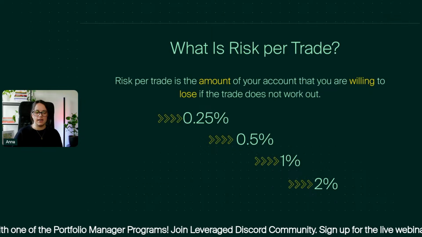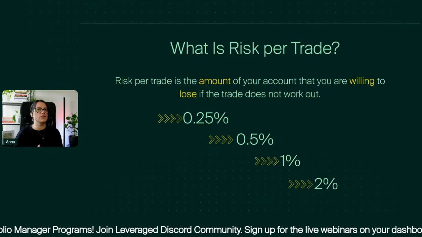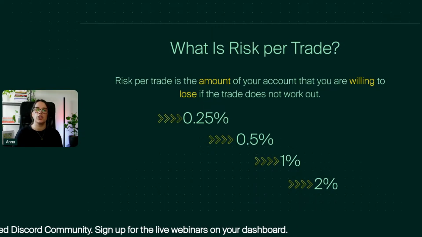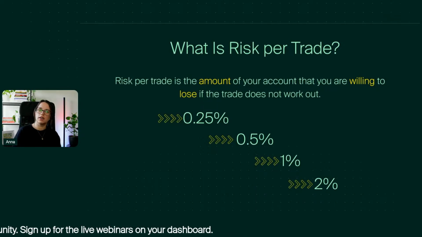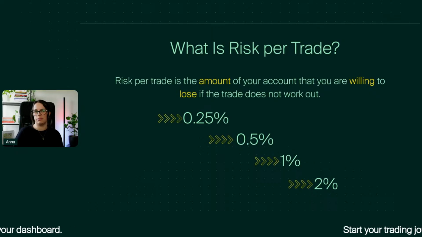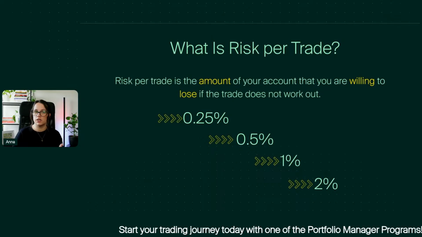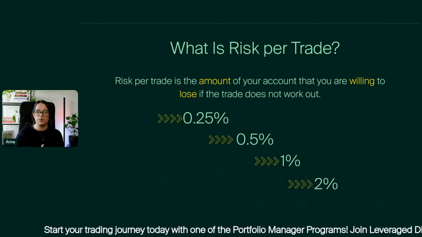When it comes to choosing the risk per trade, there are really two sides of it. First of all, you look at your data. You look at how your strategy is doing. How many losses in a row are you getting? For example, you're getting 10 losses in a row sometimes. Can you afford to risk 0.25, 0.5%, 1%, 2%?